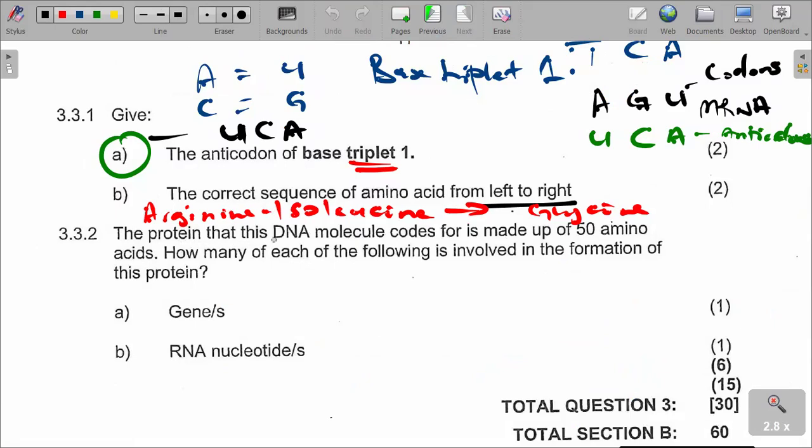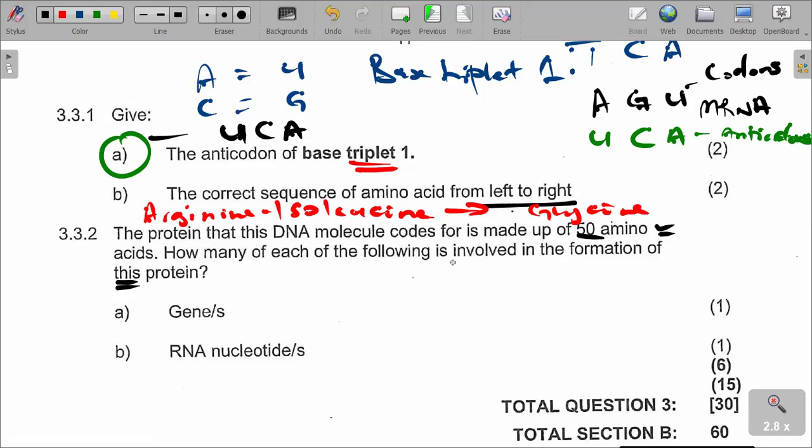And then the protein that this DNA molecule codes for is made up of 50 amino acids.